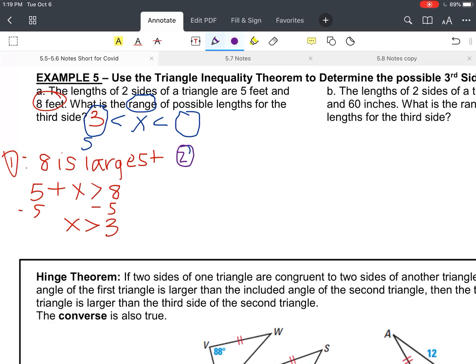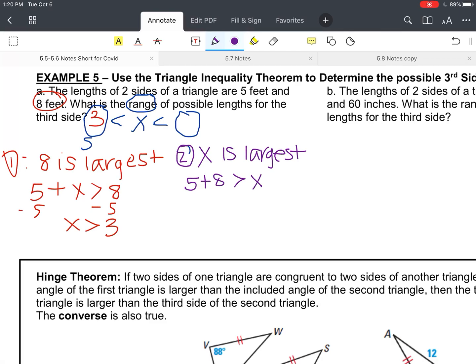My second option, option 2, is that 8 is not the largest. If 8 is not the largest, then that would mean X, my third side that I don't know, is the largest. 5 is never going to be the largest because 5 is already smaller than 8.